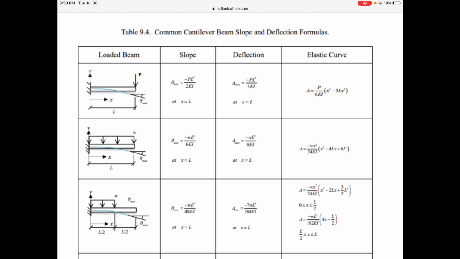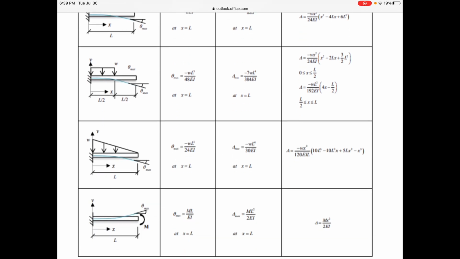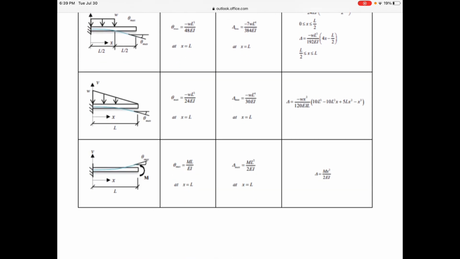You've got the second column giving you the slope angle at a particular point. The third column gives you the deflection either at a specific point or a maximum value. And then the rightmost column gives you the equation of the elastic curve, okay? So where can you find these tables, besides in this video?